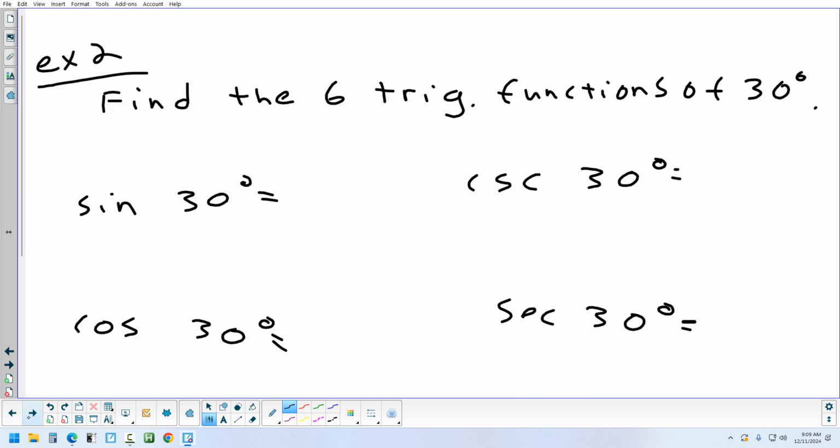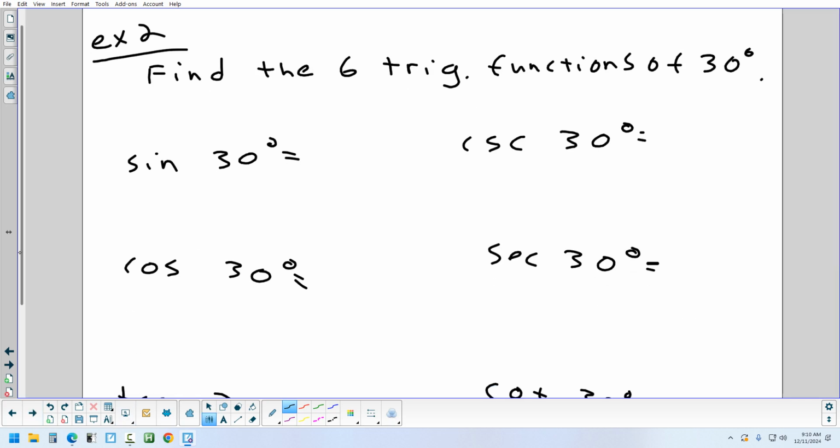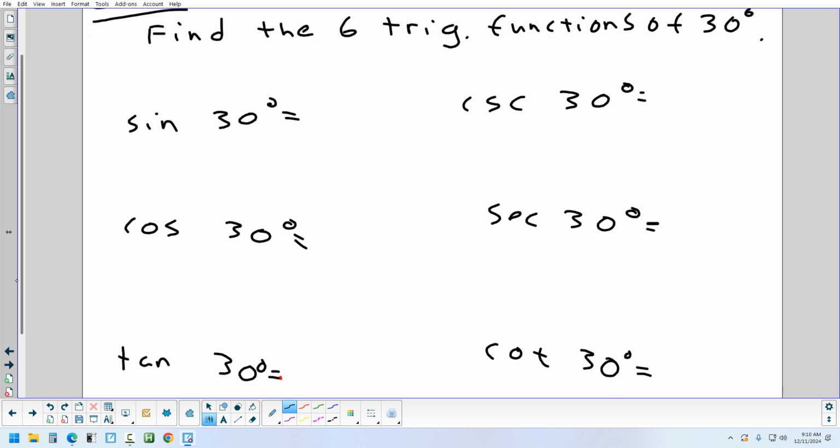All right. So let's do the 6 trig functions of 30 degrees. What's the first thing that we would need to know if we're going to do the 6 trig functions of 30 degrees? The coordinate for 30 degrees. Yep, which is we need the coordinate for 30 degrees, which, can somebody remind me how we're going to calculate that coordinate?